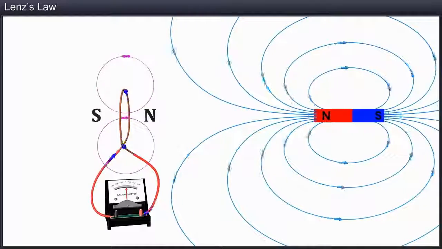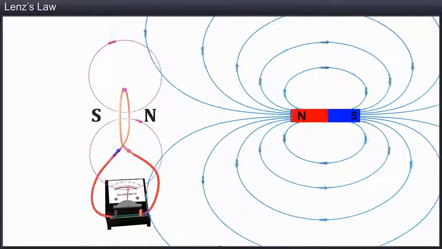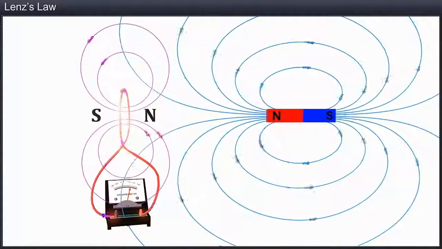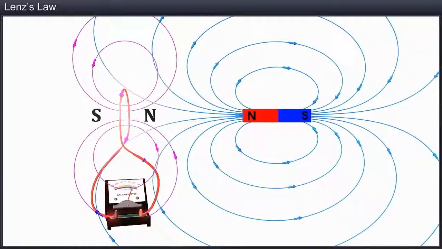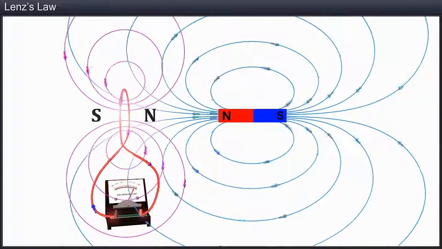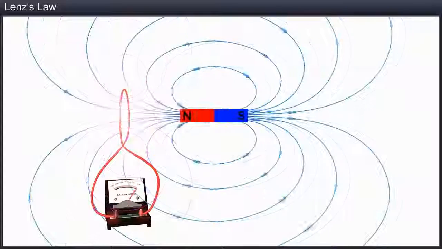The mechanical energy is converted to electrical energy in the coil. The electrical energy is converted into heat energy by heating up the coil, which is dissipated into the atmosphere. From these observations, we can say that the energy is only converted from one form to another, or the energy is conserved.